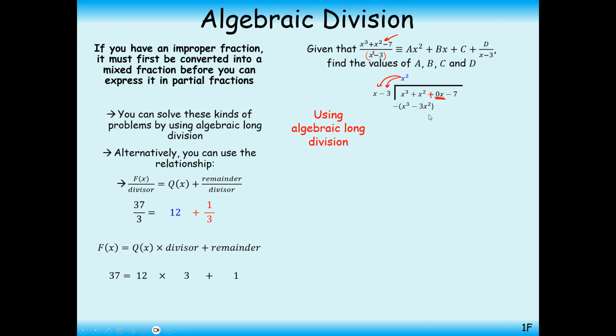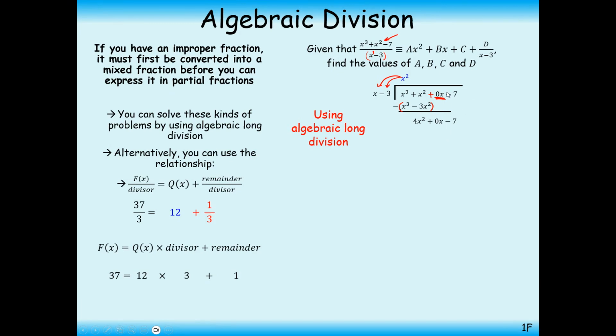So let's go back to multiplying x squared. We get x cubed minus 3x squared, but we're going to use a bracket, and this bracket makes sure that when we're subtracting, we don't make sign errors. Yes, the x cubed and x cubed cancel away, but we are actually going to add a 3x squared to the x squared above, because a minus and a minus makes a plus.